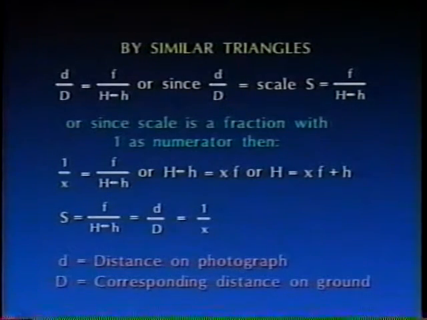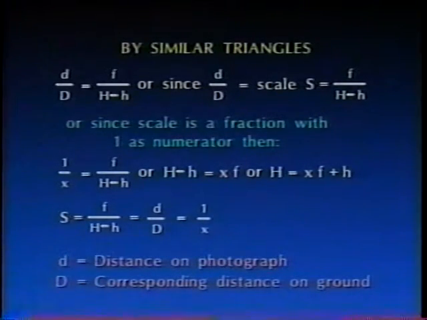Scale is also expressed as a denominator with 1 as a numerator, such as 1 over 3,000, a ratio. 1 of any unit on the map or photograph equals 3,000 of the same units on the ground. Or with units such as 1 inch over 250 feet.